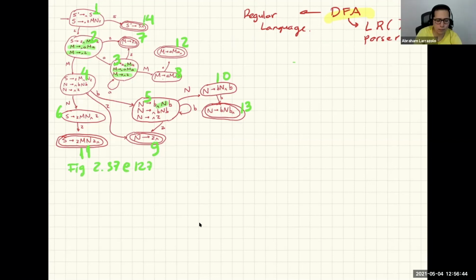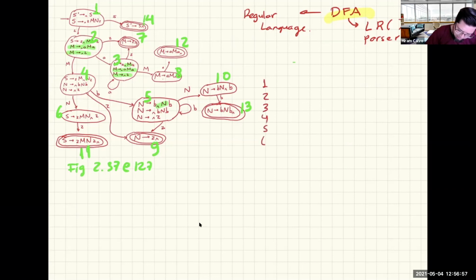Okay, now we will convert this into a table. First, on the left part, we will use all these numbers. So let's put 1, 2, 3, 4, 5, 6, 7, 8, 9, 10, 11, 12, 13, 14. Why 14? Because we have 14 states. And on the top of this table, we will have the symbols corresponding to it.